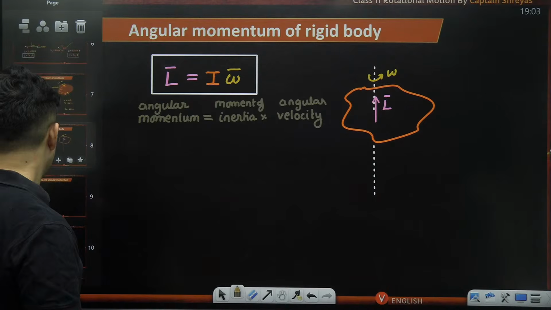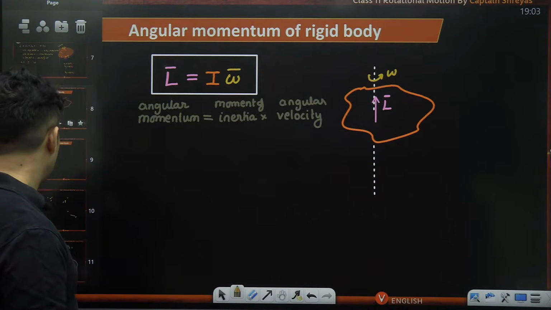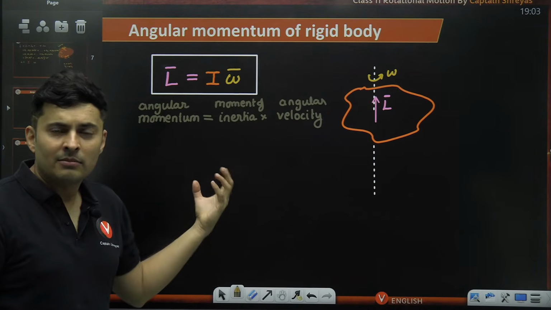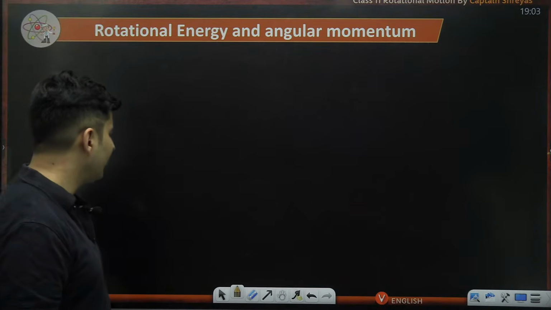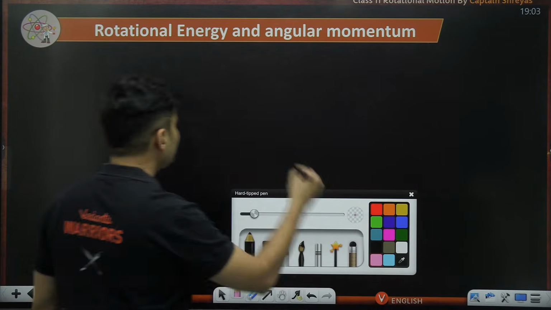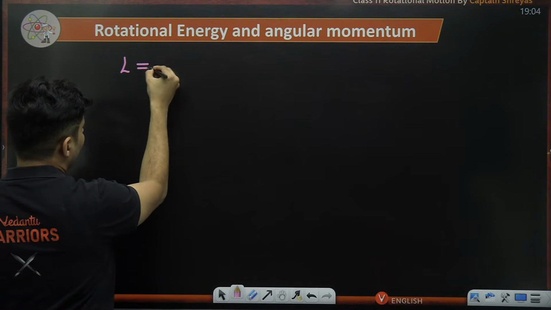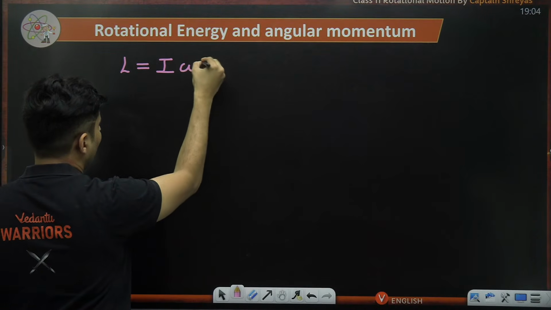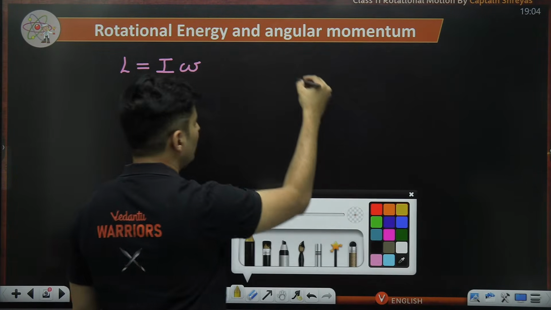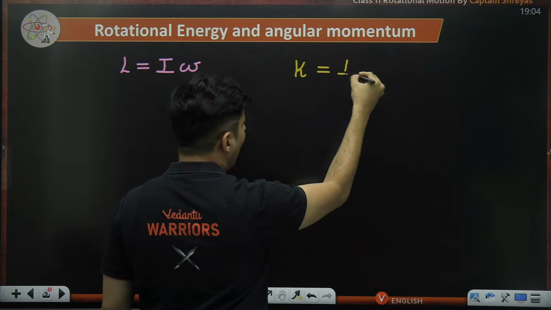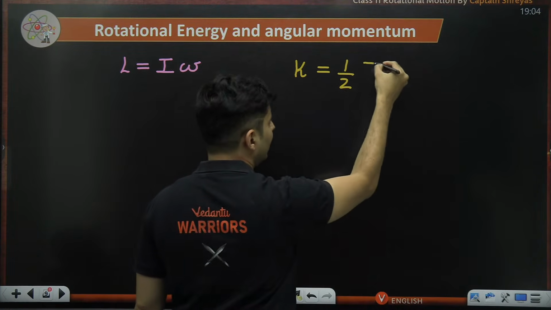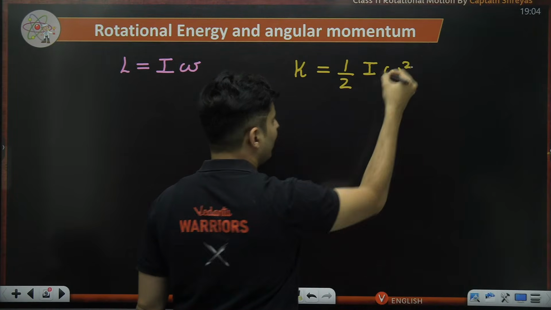Okay. Now you can also relate linear momentum with energy. So angular momentum also can be related to rotational energy, and I'll tell you how. If angular momentum is moment of inertia into angular velocity, we also know that rotational energy is, instead of half mv square, half I omega square.